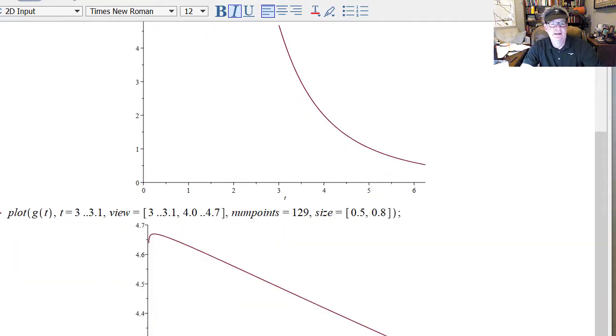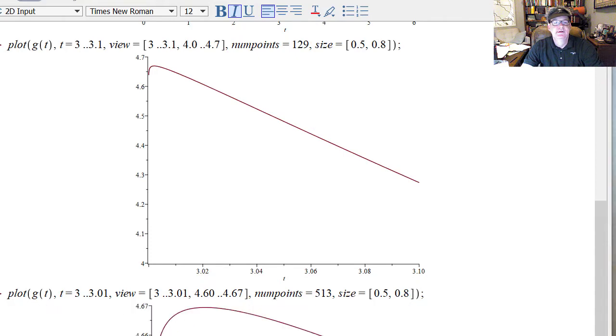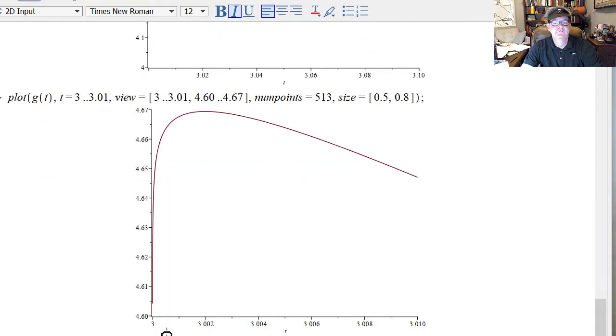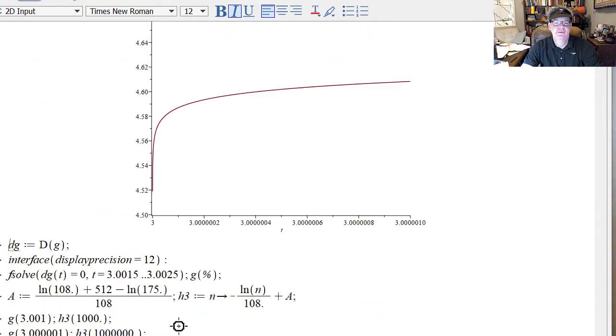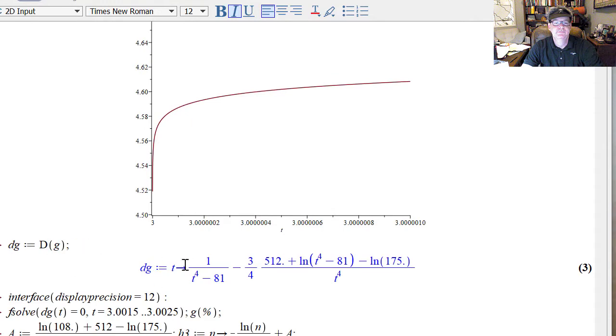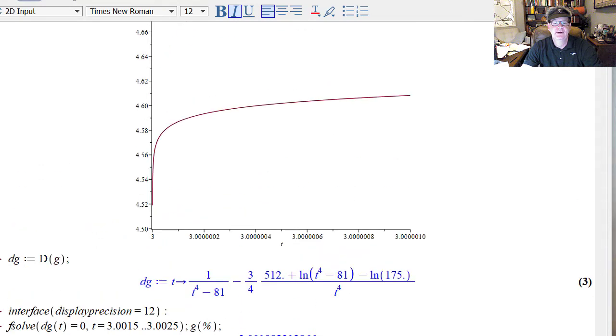It would be the same analysis, but I did have Maple do the calculus and solve. The derivative was 0 at roughly 3.002, and the y value came out to be about 4.67, which is what you can see right here.